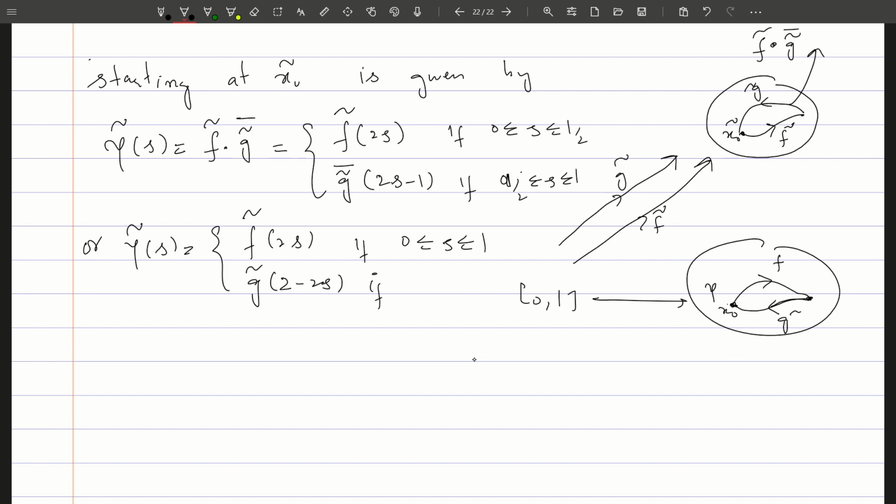Now, but gamma tilde of 1, which is x naught tilde, is same as gamma tilde of 0, because this is our map gamma tilde.